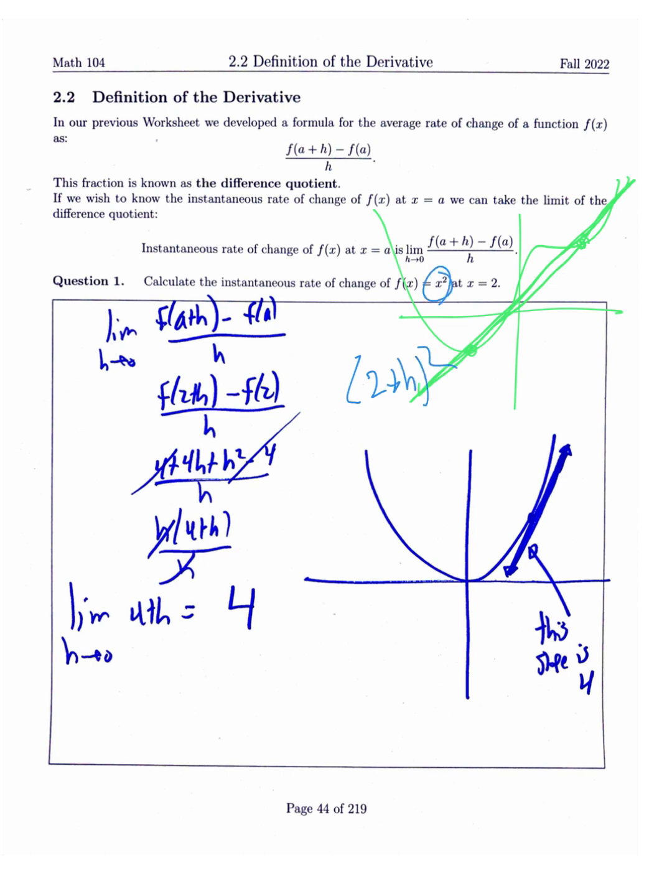If we square 2 plus h, that's 4 plus 2 times 2h plus h squared. f of 2, well, that's 4. So minus 4. So this is y2 minus y1. And then x2 minus x1, that's h, the distance between the two.